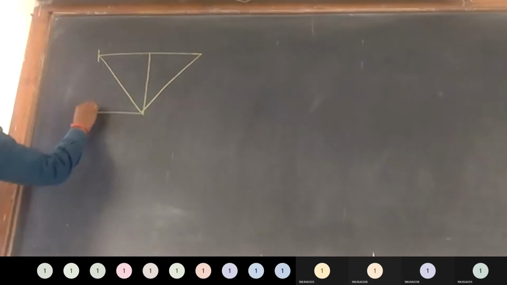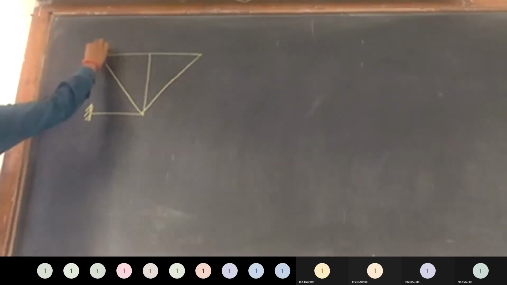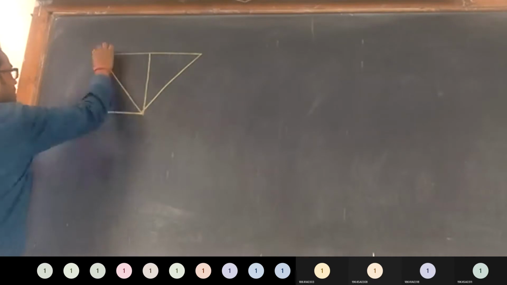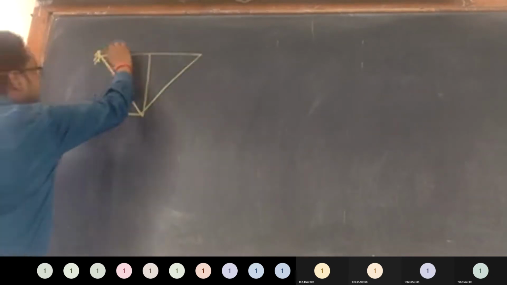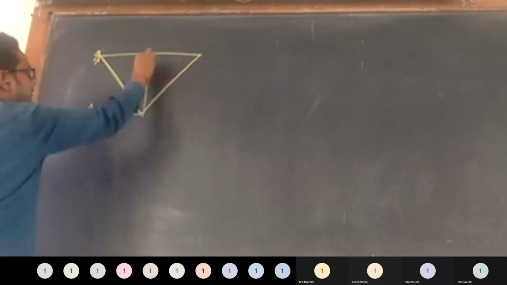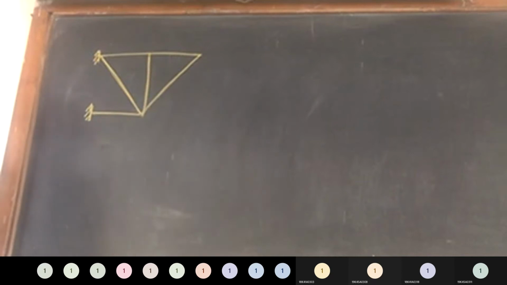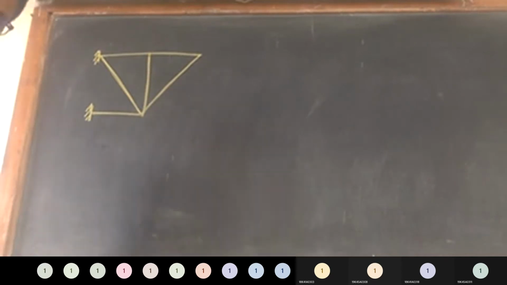Is this visible to all of you? Yes, sir. So this is the truss configuration. I will explain to you how to write that global stiffness matrix.